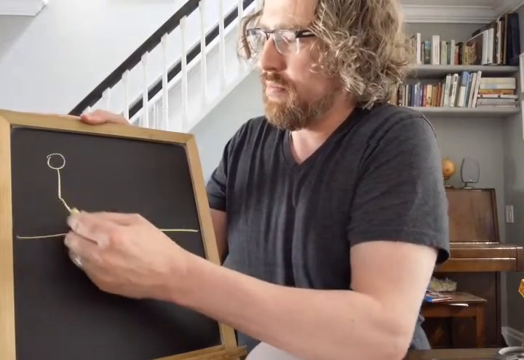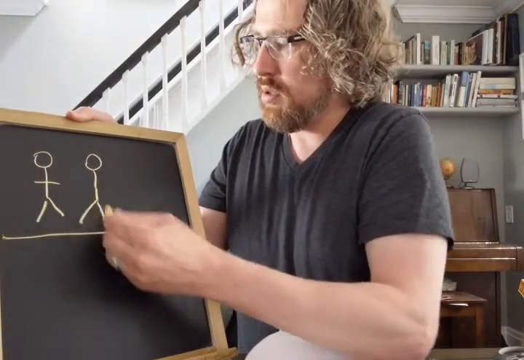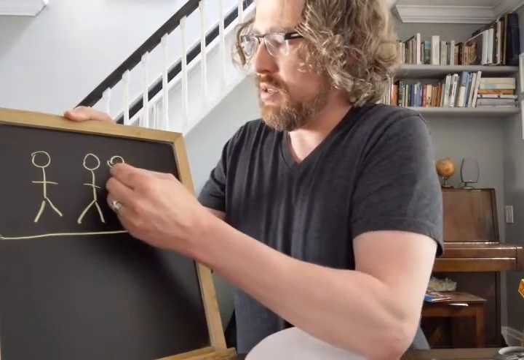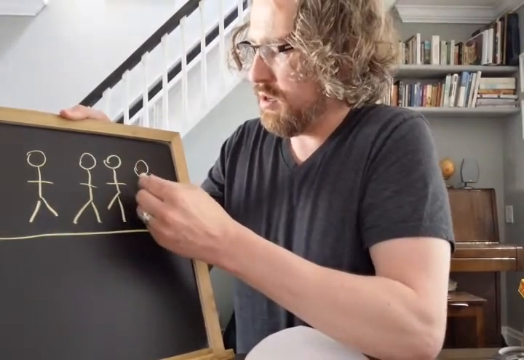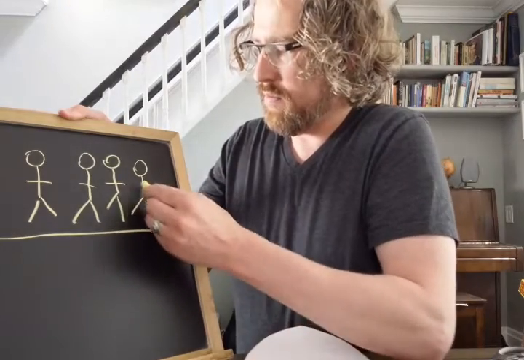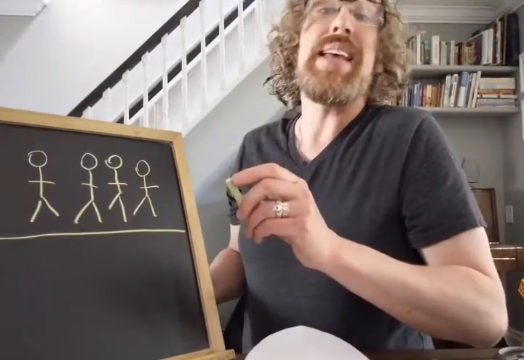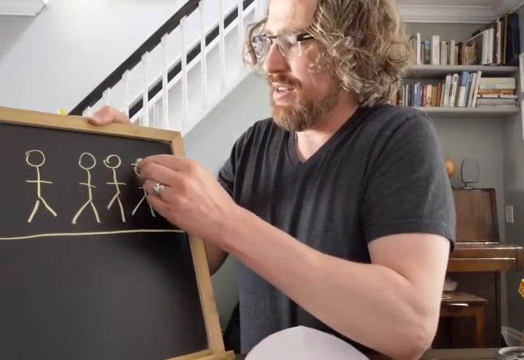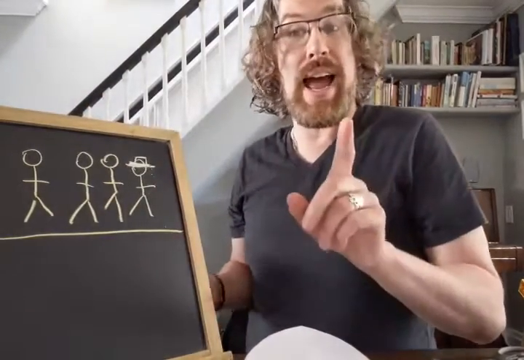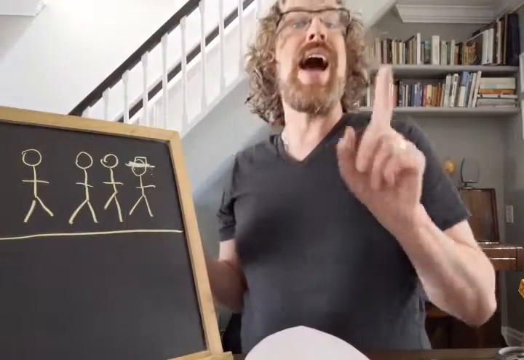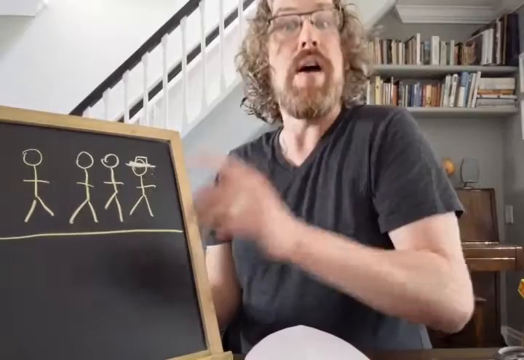Let's say there are 4 people. 1, 2, 3, 4. But let's say one of these people is wearing a hat. How many people are wearing a hat? 1. How many people are there all together in the group? 4.